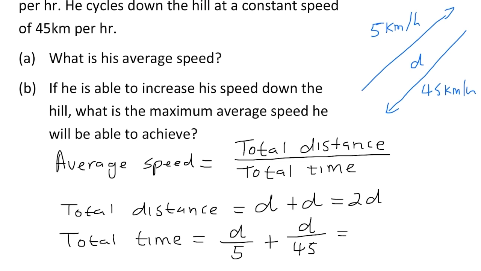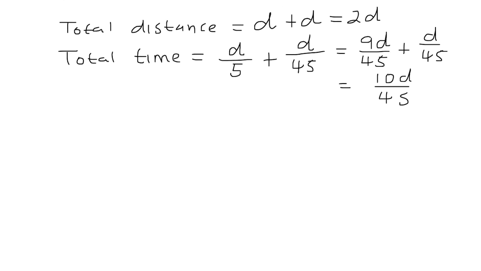Okay, so we add the two fractions, find the lowest common denominator, change the 5 to 45, we need a 9, so this will be 9d divided by 45 plus d over 45, and this will simplify to 10d over 45, and simplifies further into 2d over 9.